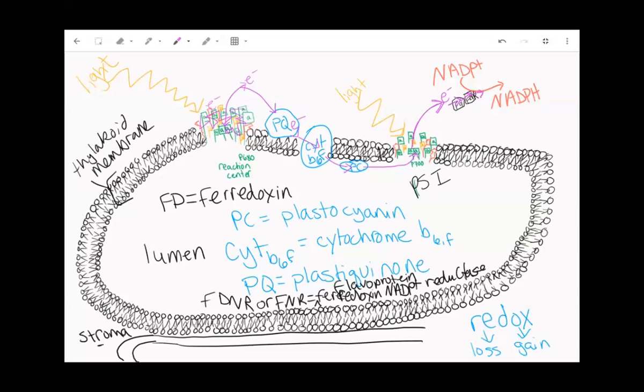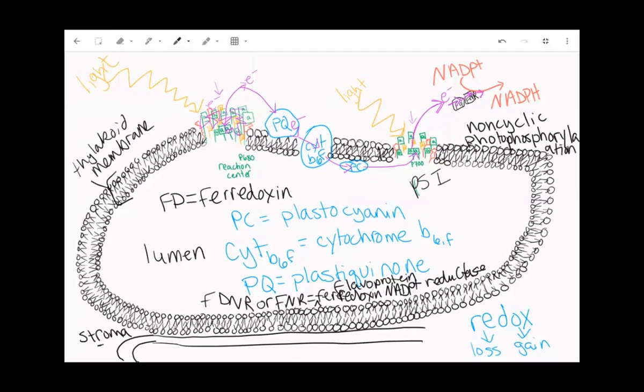That whole series of events, the electron going from photosystem 2 to plastoquinone, cytochrome B6F, plastocyanin, photosystem 1, and being picked up by our final electron acceptor, that is known as the non-cyclic portion of photophosphorylation.